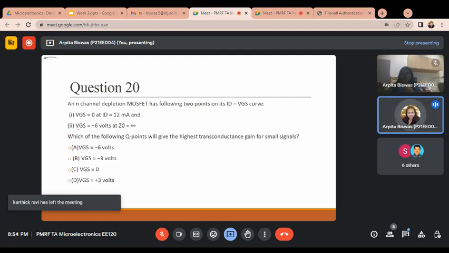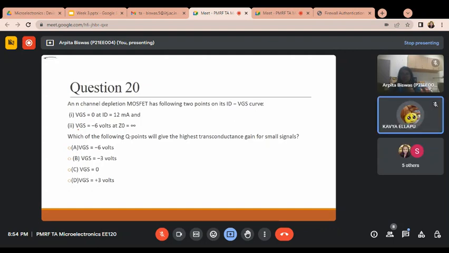Can anyone tell what is the difference between the depletion mode MOSFET and the enhancement mode MOSFET? Yes, ma'am, in depletion mode, the channel exists, madam, even at VGS 0 volts, that is depletion.